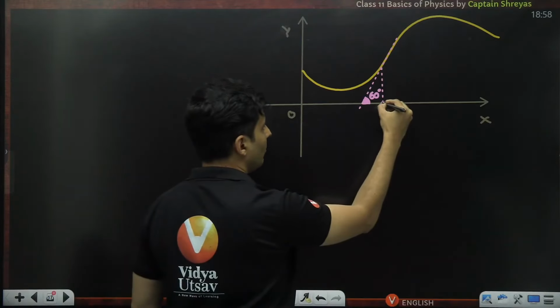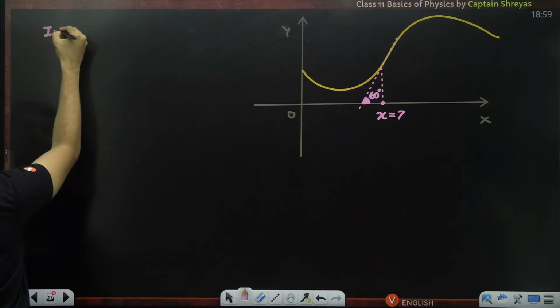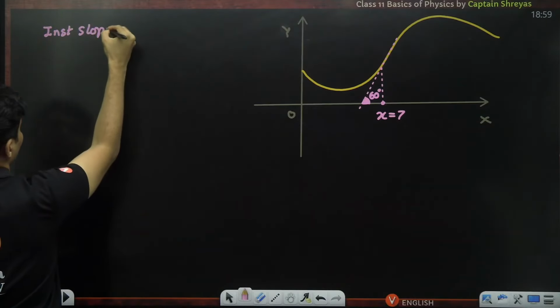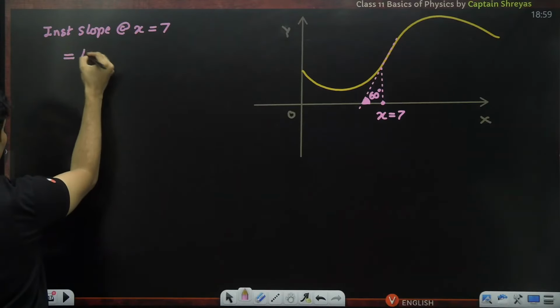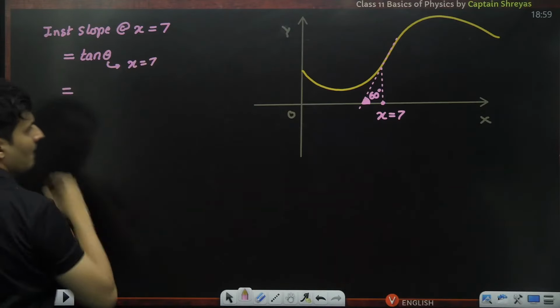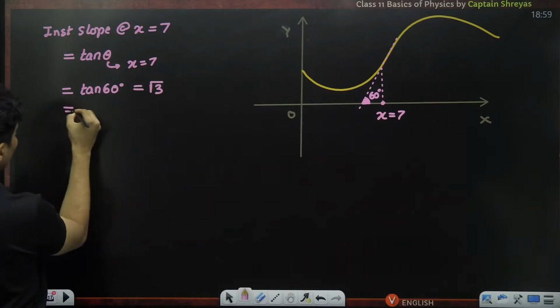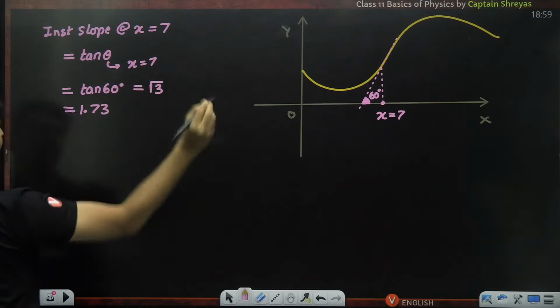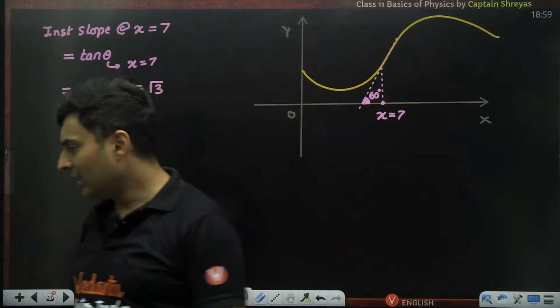Let's say this particular point is x equal to 7. If I ask you what is the instantaneous slope at x equal to 7, then the answer will be tan of theta, where theta at x equal to 7 is 60 degrees. So it will be tan 60. What is tan 60? It is root 3, which is 1.73. So the slope of this line is 1.73. Done and dusted.